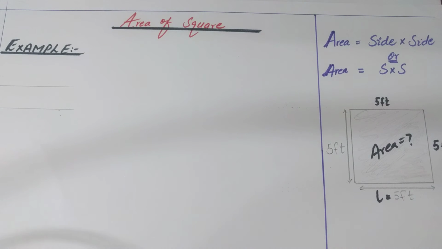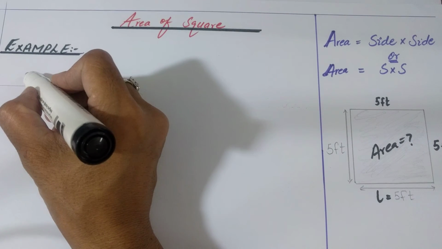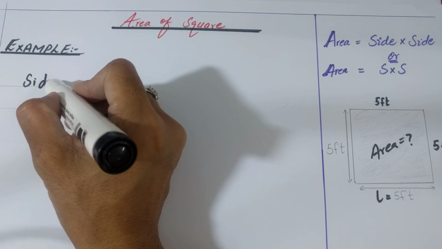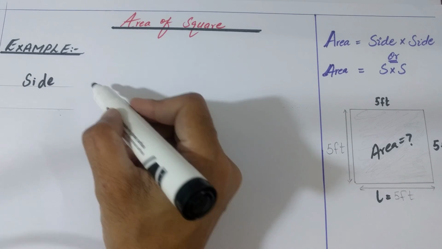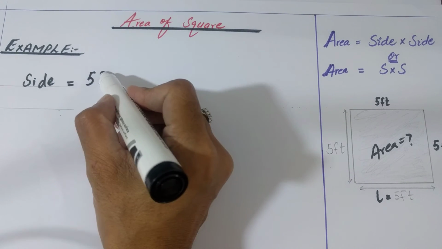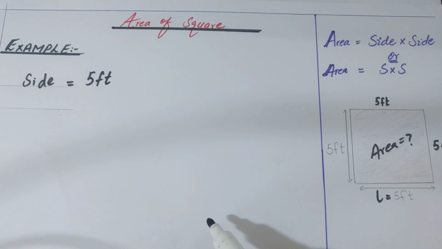The area of the square equals any of its two sides multiplied together. So what is the side of the square? Side of the square is equal to 5 feet.